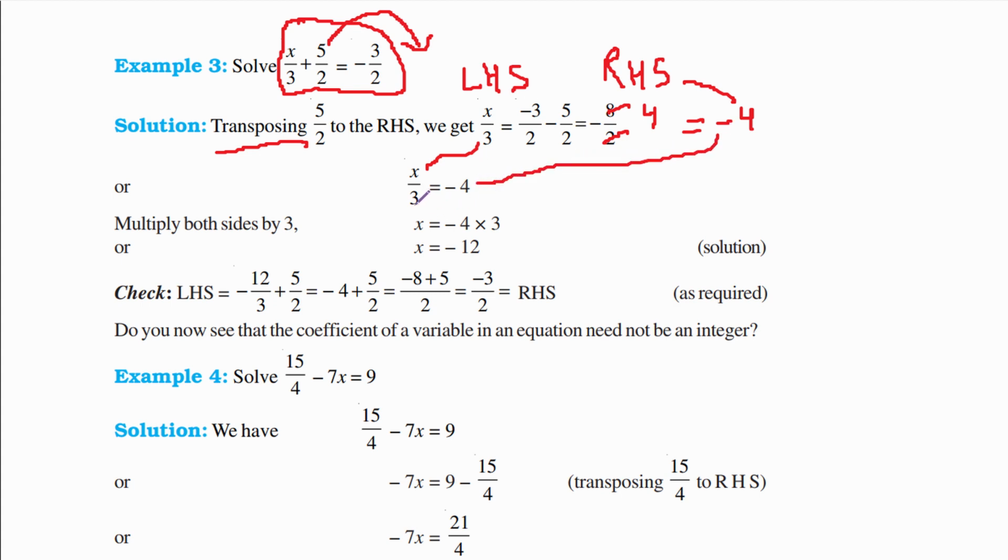Now we have to get rid of this 3. So we could multiply both sides with 3. If we introduce 3 here in multiplication, we have to do the same here as well, into 3. So this 3 gets cancelled out and we are left with x equals minus 4 into 3. And when you solve it, x equals minus 12. But again, if we check it, we will write in place of x minus 12, the same divided by 3, the rest as it is.